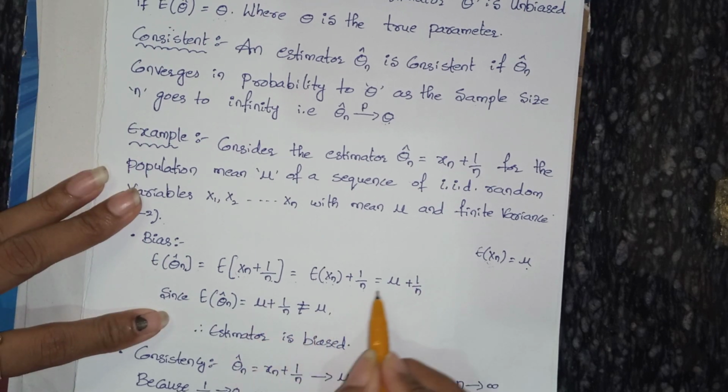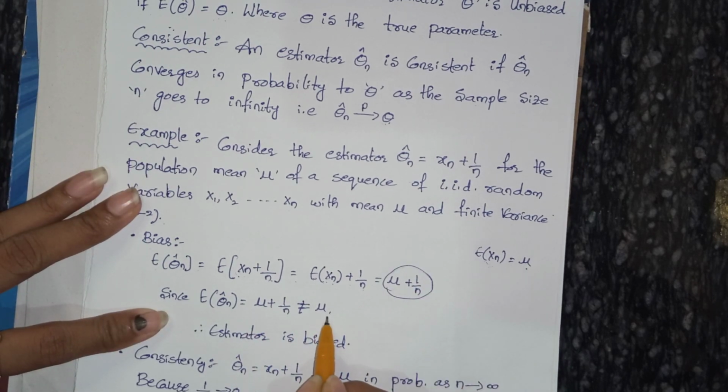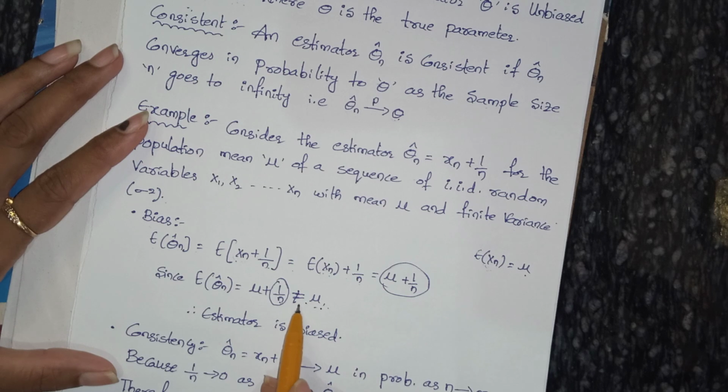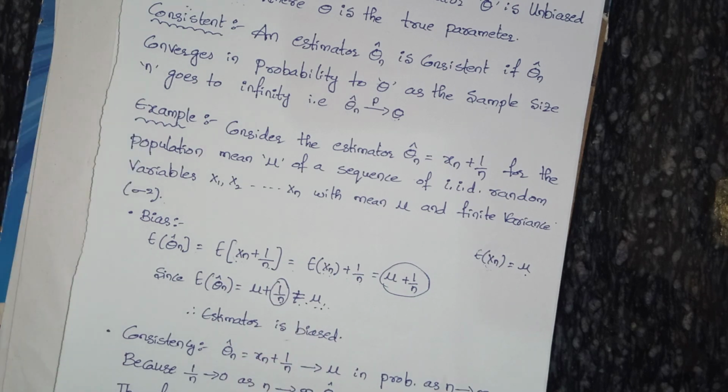So this value is not equal to mu, because we have an extra 1 by n. If it were equal, we could say unbiased; since it is not equal, the estimator is biased. So the first property is satisfied.